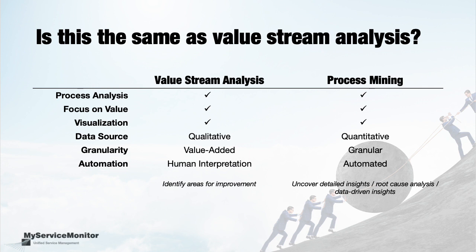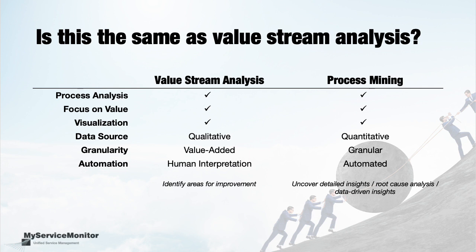And both also often use visual representations, such as flowcharts or diagrams, to illustrate the flow of activities and identify areas for improvement. But value stream mapping typically relies on qualitative data gathered through observations, interviews, and workshops with stakeholders. In contrast, process mining uses quantitative data captured in event logs from IT systems, providing an objective and detailed view of process execution.